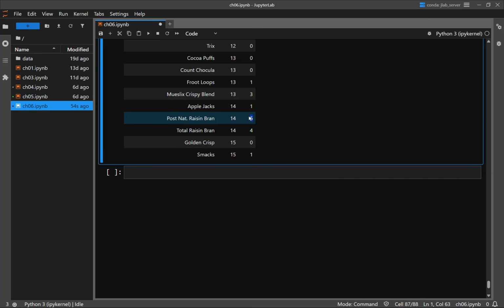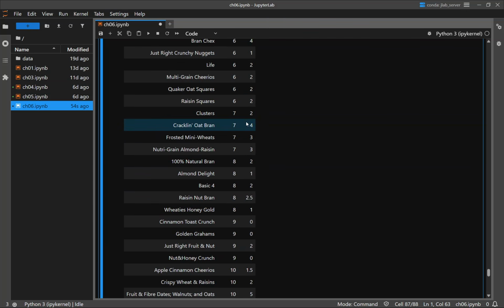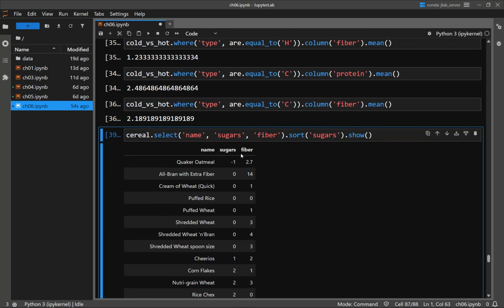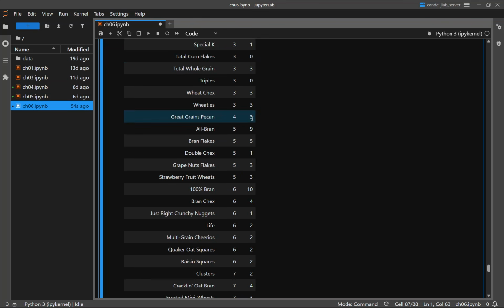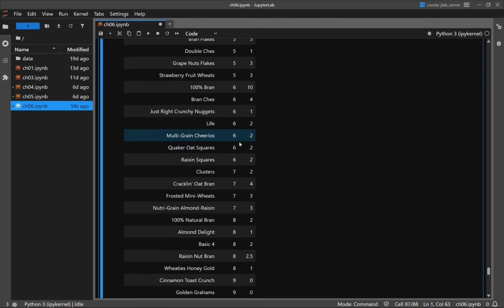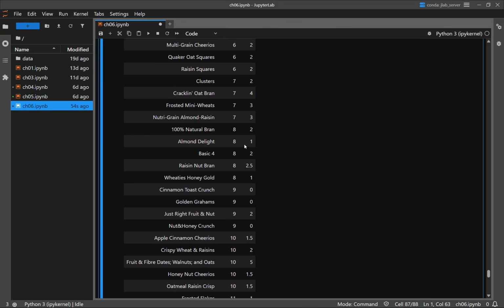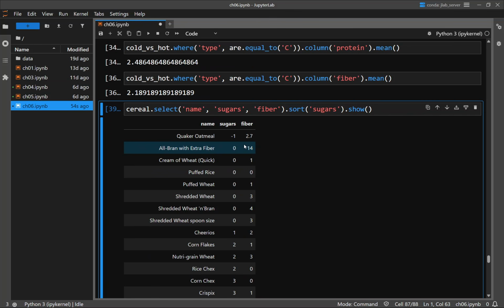The raisins are going to have a decent amount of sugar in them, but also there's fiber from the bran part. So raisin bran kind of throws this off. And so, that's something you'd notice. But I guess this one has the highest amount of fiber, which makes sense. No sugars, all fiber. And so, that's one way to answer it, maybe. But a better way to do this would be to make a graph. And we are not at that chapter yet. So, yeah, that's that question.